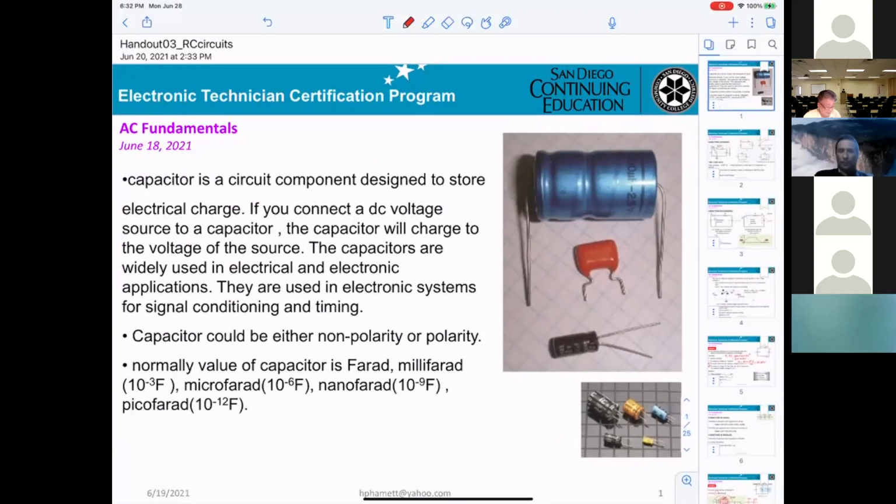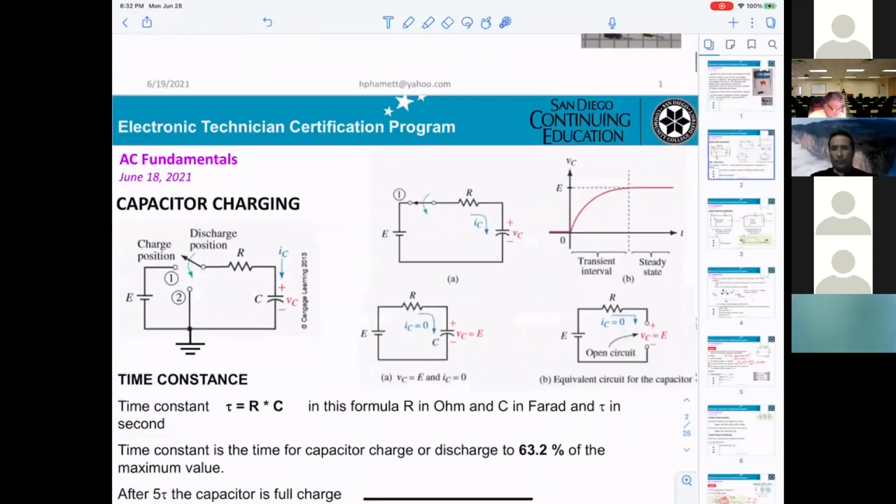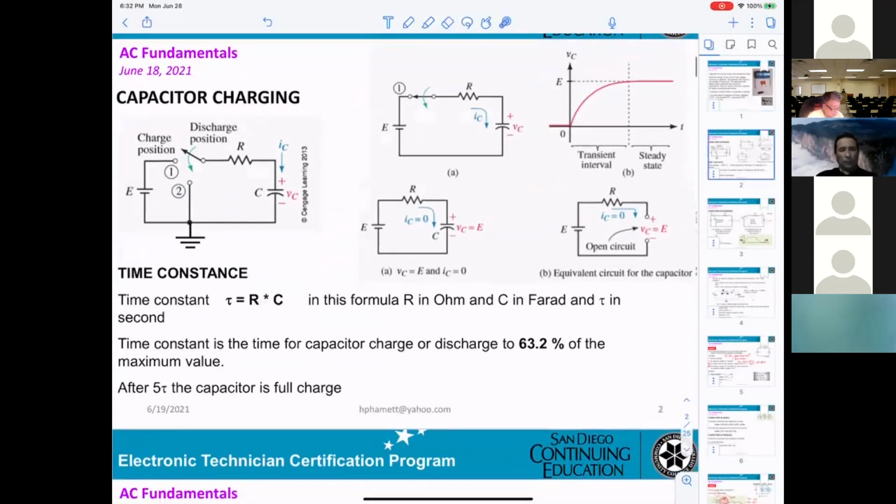So this is the capacitor here. It can be either non-polarized or polarized, and the value you already see. Also, we already covered capacitor charging and discharging.